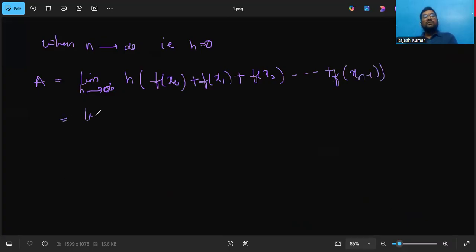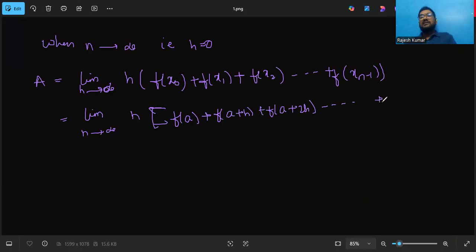That is equal to limit n tends to infinity of h into, it can be written as, f of a, f of a plus h, f of a plus 2h, like h much distance we segregated, f of a plus nh or n minus 1 into h, anything is fine. In fact, n minus 1 into h.